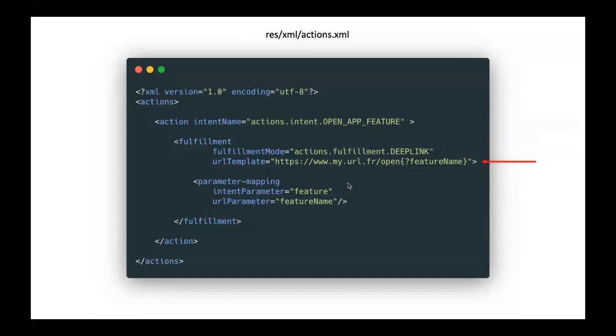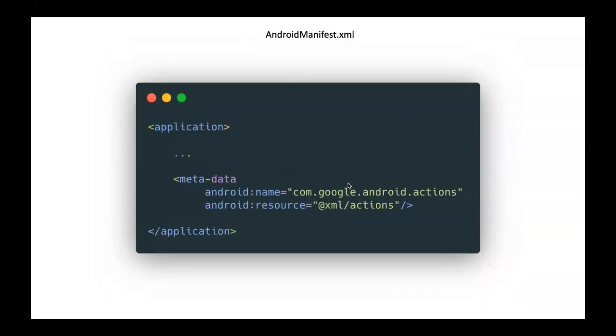Since it's a deep link, we describe the URL template, which contains our feature name parameter. And we describe our parameter mapping for the deep link with the intent parameter and the URL parameter name. Finally, we must reference our actions.xml file in the Android manifest within a metadata tag.